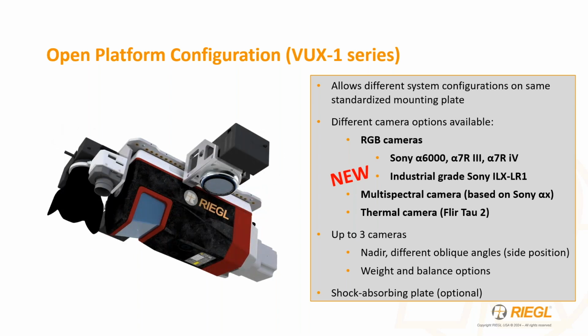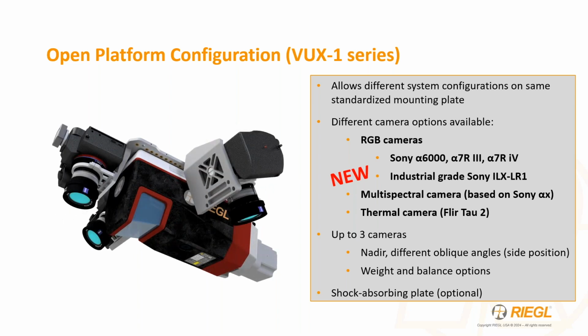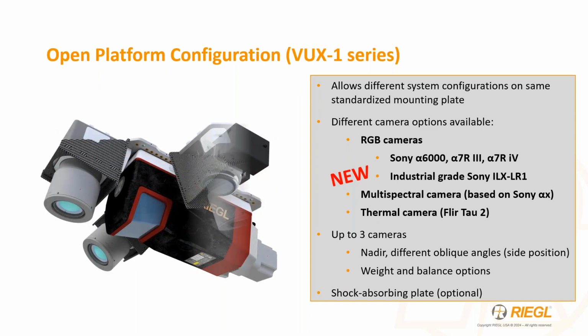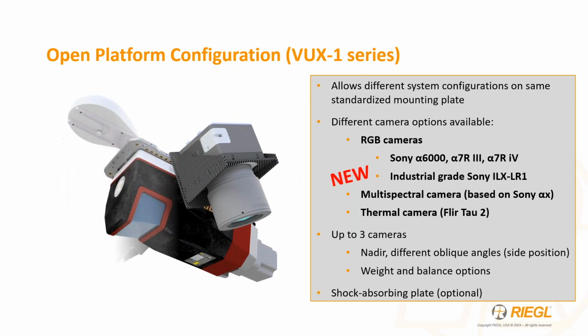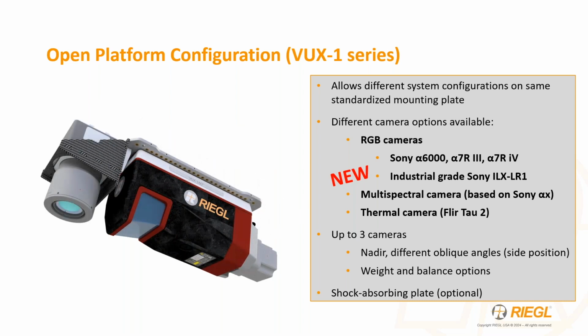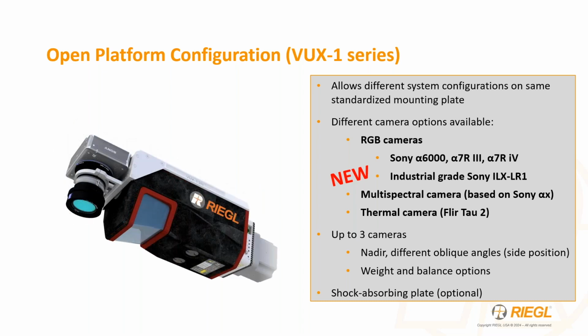So everything is getting smaller, lighter. So with the new industrial grade camera from Sony, the ILX-LR1, this is pretty neat with the 61 megapixels, a stripped down form factor with the same performance as the A7R4. We're getting a 61 megapixel camera in a lighter weight form factor here.